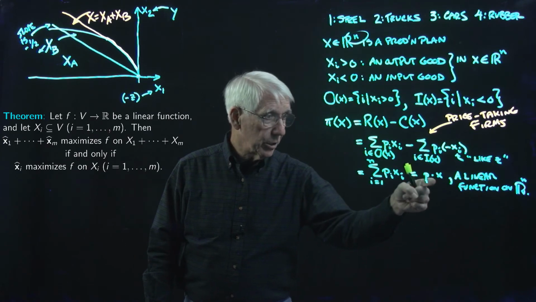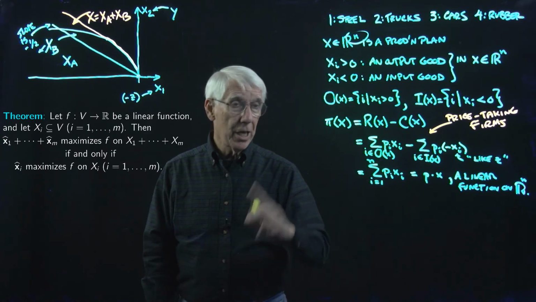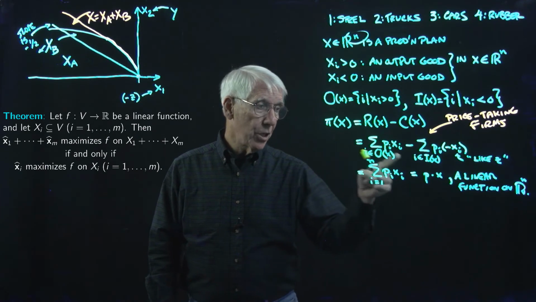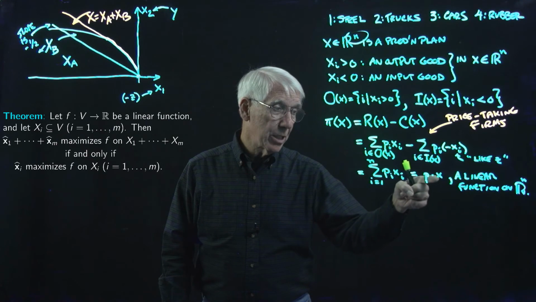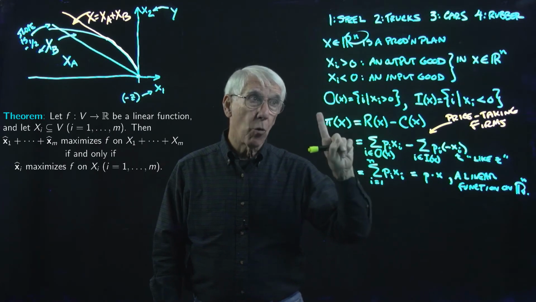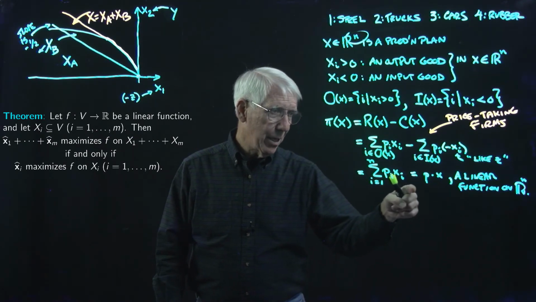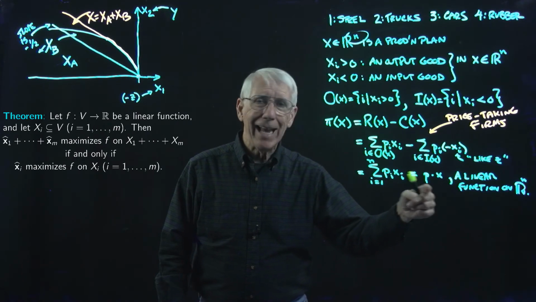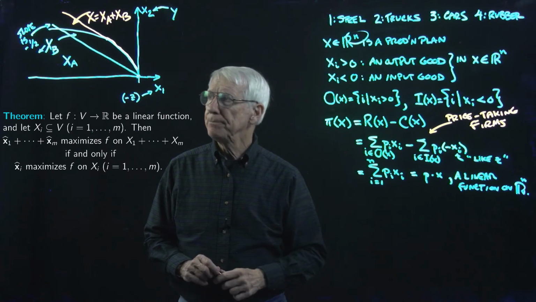So for linear functions, we know from what we did with linear functions that they are always characterized by a matrix times a vector. And in this case, since we're mapping into R1, profit is one-dimensional, it's going to be a 1 by n matrix, if you like, of p's, p1 through pn.